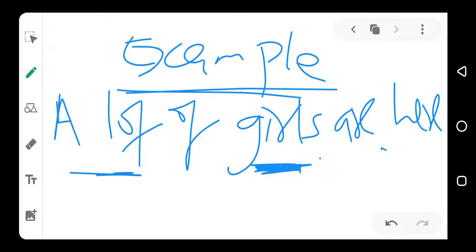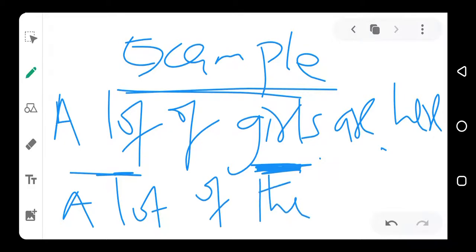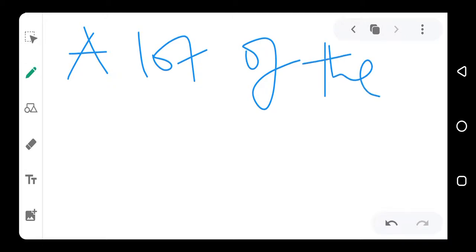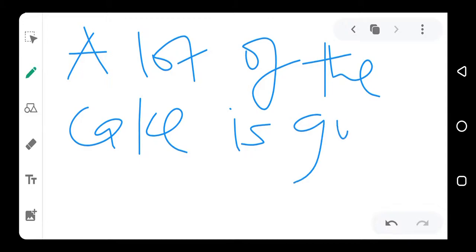Now, when we have a lot of the cake is gone.